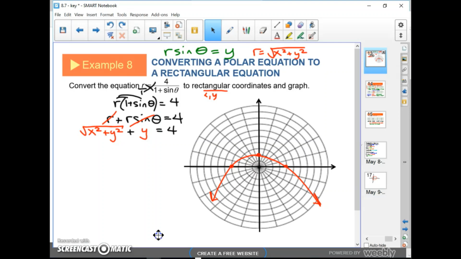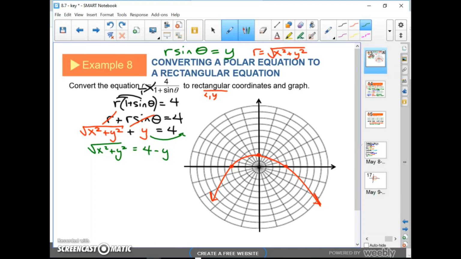At which point we really want the square root to go away. So what I would do is isolate my square root. I'm going to subtract this y over. The square root of x squared plus y squared equals 4 minus y. And I can square both sides to make it go away.